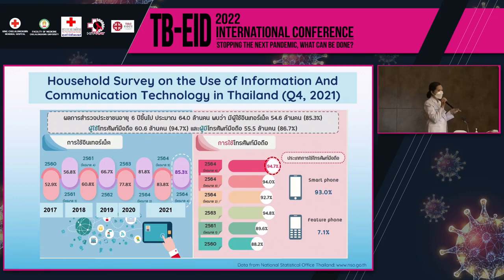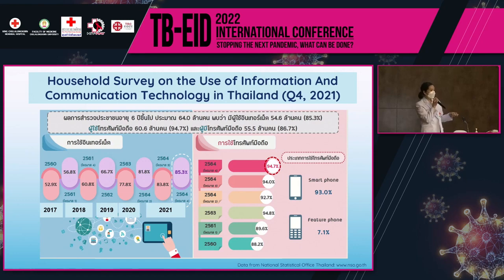The survey covered 64 million Thai people older than 6 years old, and found that 85%, or 54 million people, use the internet, and 94%, or 60.6 million Thai people, use a cell phone, and 86% of them have their own. On the right-hand side, you can see the type of cell phone used: 93% use a smartphone, whereas only 7% use a feature phone.